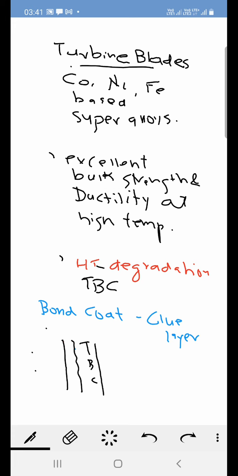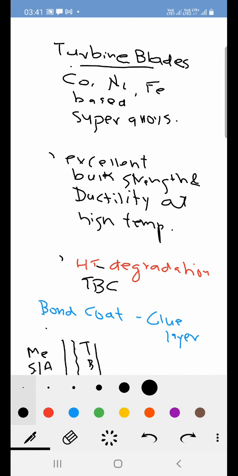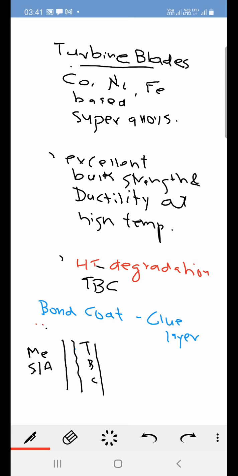This is the metal, the superalloy. In between these, there should be a bond coat, which acts as a glue between these two components. Bond coat we have previously discussed. Bond coat is MCrAlY.